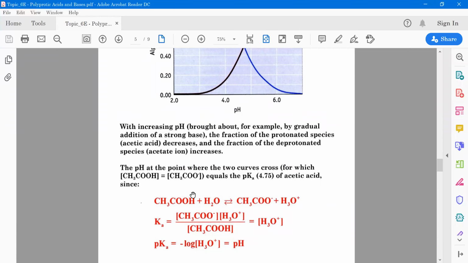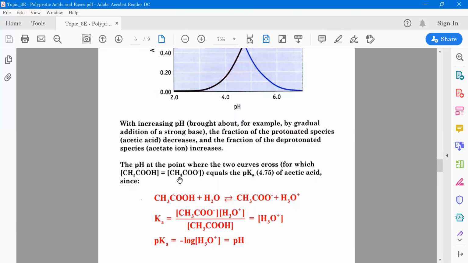So if I look at the equilibria that are involved here, here's the dissociation equilibrium of acetic acid. We've seen this before. Acetic acid equilibrating with acetate to give hydronium ions, and the Ka expression, as we've seen before, is the concentration of acetate divided by the concentration of acetic acid, and then including the concentration of hydronium ions here in the numerator. Well, if the acetate concentration and the acetic acid concentration are equal, then this whole thing reduces to just the concentration of hydronium ions.